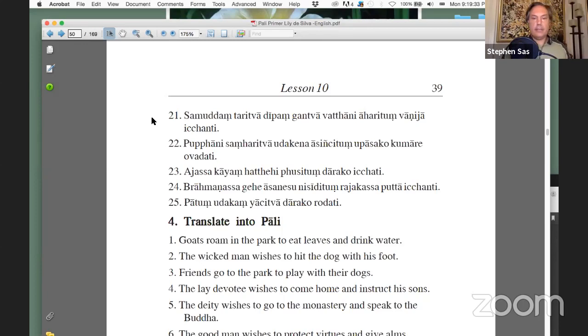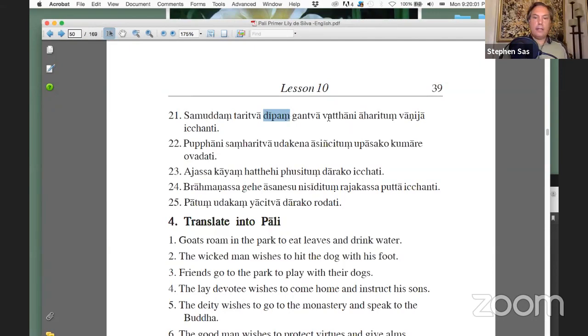Samudang taritva dipang gantva vatani aharitang vanija ichanti, right? So having crossed, that's taritva, the sea, and then I take the next 2 together, and I put the word and in to help, and having gone, that's gachati in the absolutive to the island. That's again right next to it as the accusative.